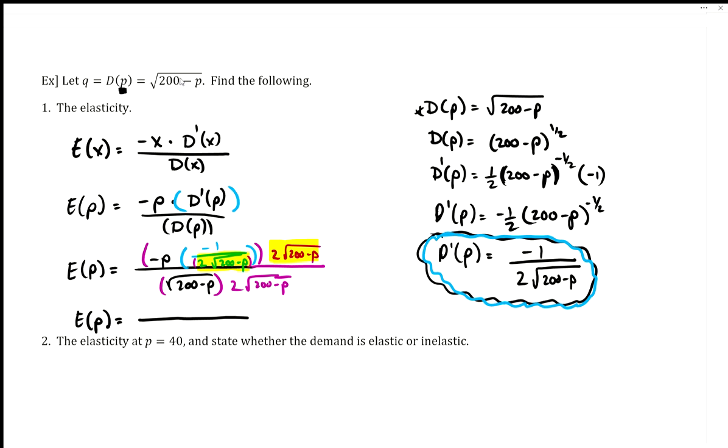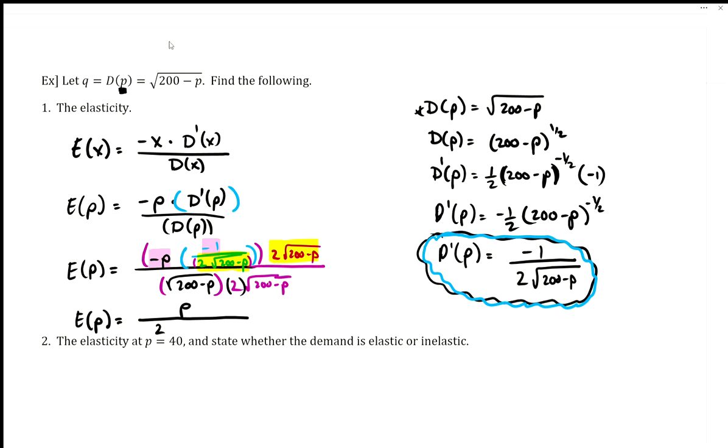So the yellow highlighted stuff cancels out, it's gone. And then we would have had negative p times negative 1 here. So this negative 1 and negative p would be just positive p. So in the numerator, we have positive p. And then in the denominator, this 2, I'm just going to put right here.